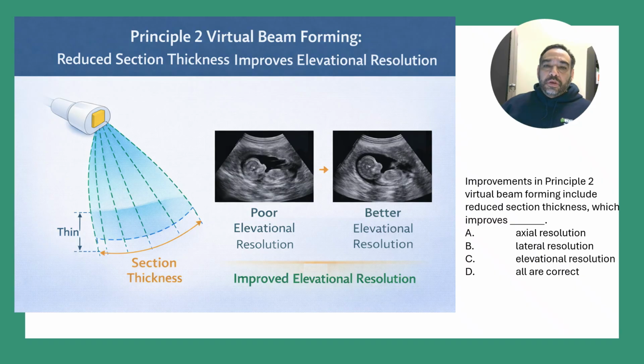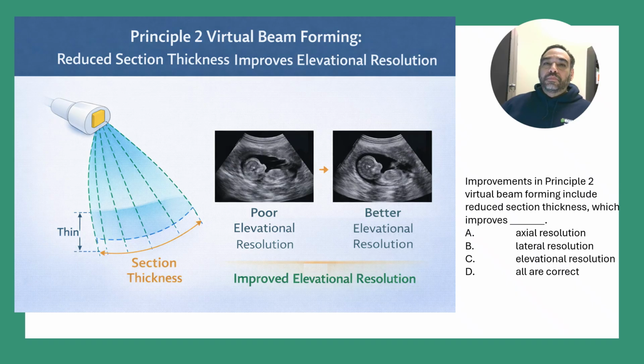All right, so the question we're provided with is, improvements in Principle 2 virtual beam forming include reduced section thickness, which improves what? A is axial resolution, B is lateral resolution, C is elevation resolution, and D says all are correct. Well, again, the correct answer in this one is going to be elevation resolution.